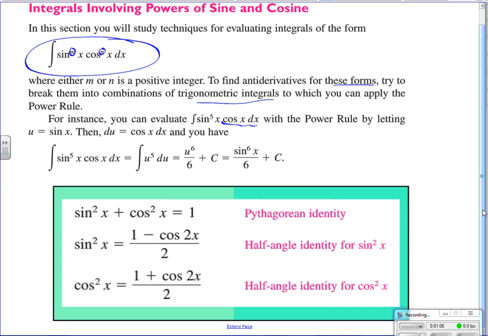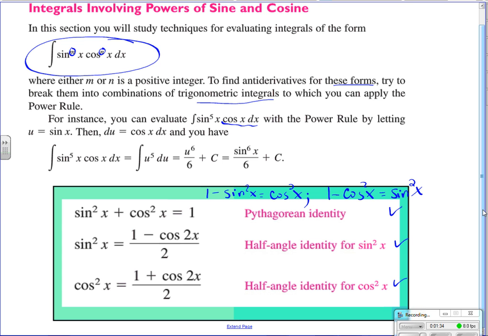When we do this, we will make use of some of these old trig identities, the Pythagorean identity where sine squared plus cosine squared equals 1, and keeping in mind that then 1 minus sine squared x equals cosine squared x. That will be of use. And also 1 minus cosine squared x equals sine squared x.